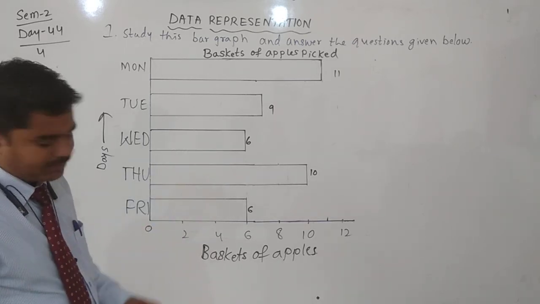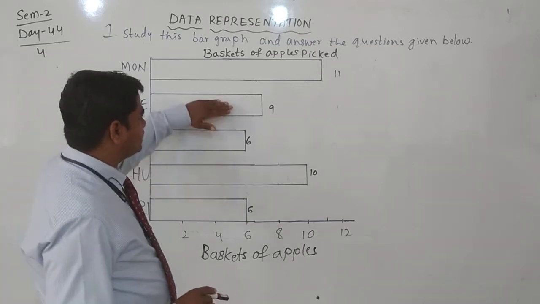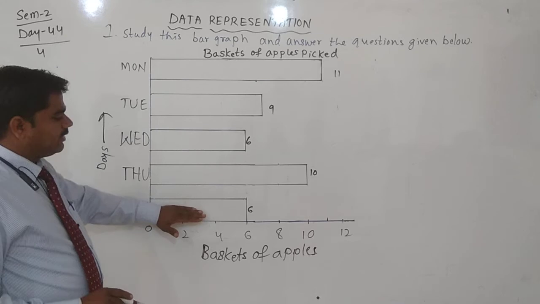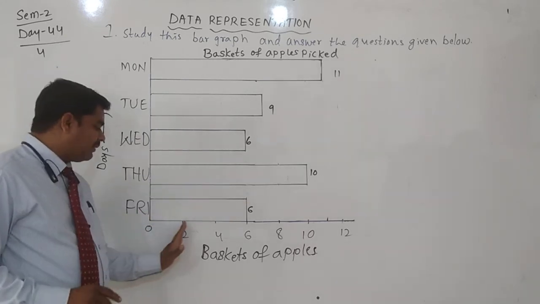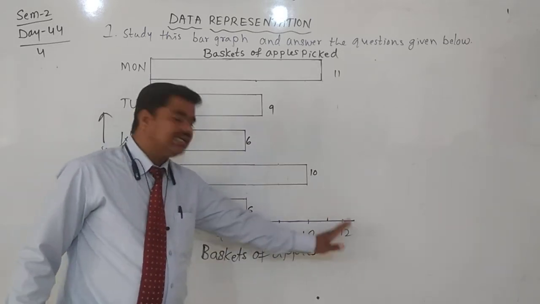Now by seeing this bar graph we can answer. These are the horizontal bars: Monday, Tuesday, Wednesday, Thursday, Friday. Now here is the number of baskets: 0, 2, 4, 6, 8, 10, 12.